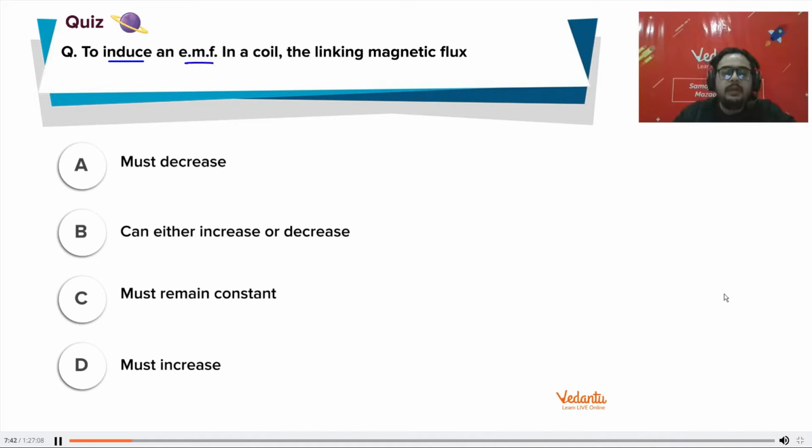Okay, so to induce EMF in the coil, the linking flux should increase, decrease, remain constant, or can increase or decrease. Think about it a little bit. They are telling you that if you want to generate EMF, then the magnetic flux associated with the coil should, what should happen? Think about it. I'll give you 1 minute.